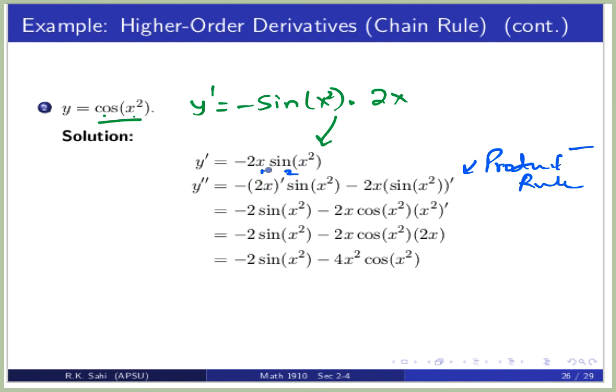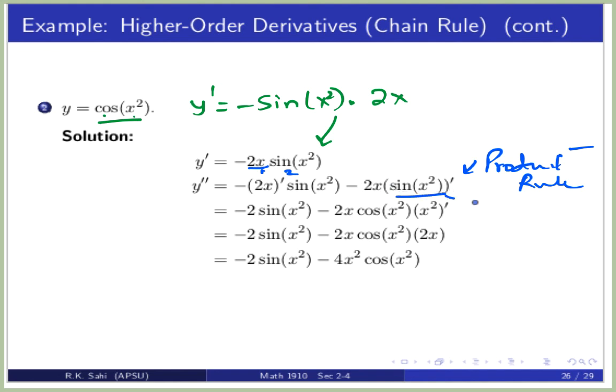Now remember negative 2 is a constant, so you can take the derivative of negative 2x as 1. So it's negative 2x prime times sine x squared, minus 2x, that's the first function, times the derivative of the second, sine x squared. Derivative of 2x is 2, so you get negative 2 sine x squared minus 2x as it is.